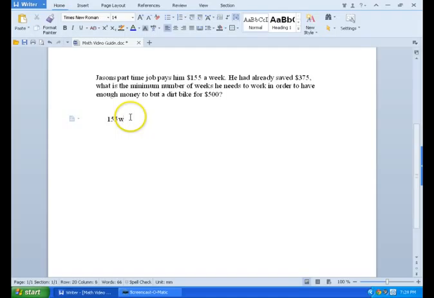So 155W is 155 a week. That's the reason why you're making an expression, or we call it an equation. This is your linear inequality.